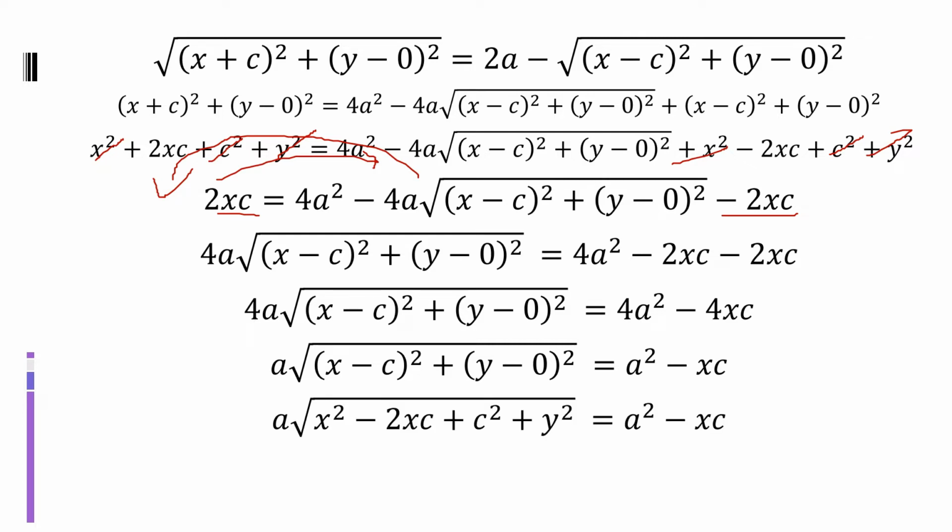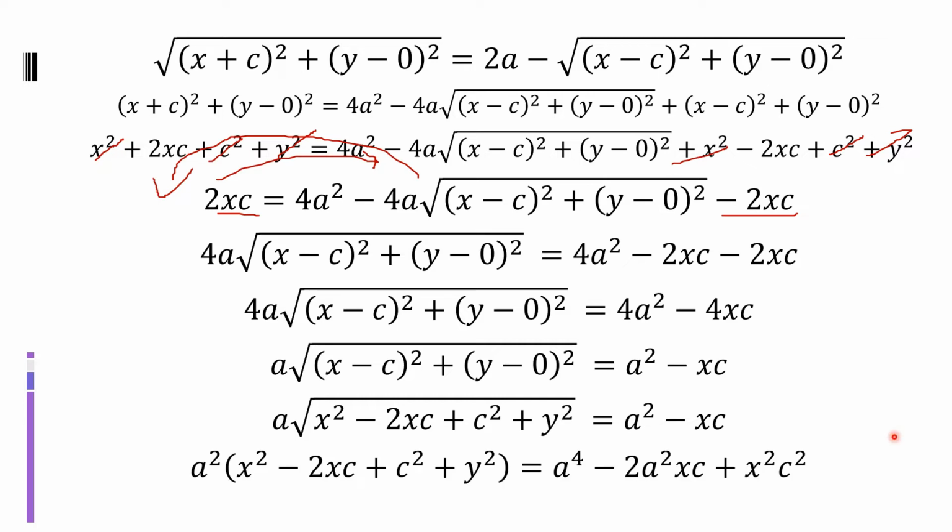So, pwede ngayon natin i-simplify yung nasa loob. So, we have x squared minus 2xc plus c squared plus y squared. Then, squaring both sides, we have a squared times (x squared minus 2xc plus c squared plus y squared) equals, so if we square this, a raised to 4 minus 2a squared xc plus x squared c squared.